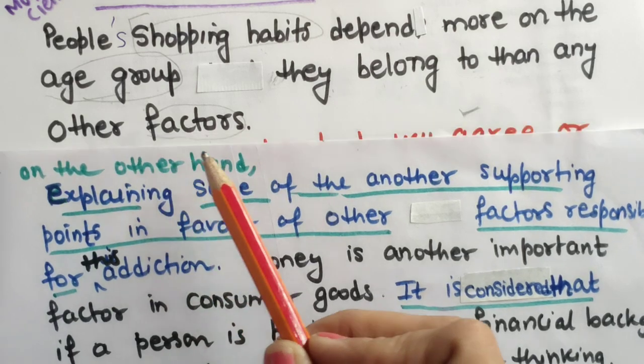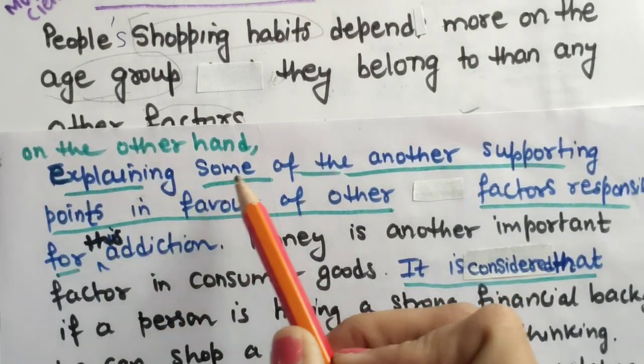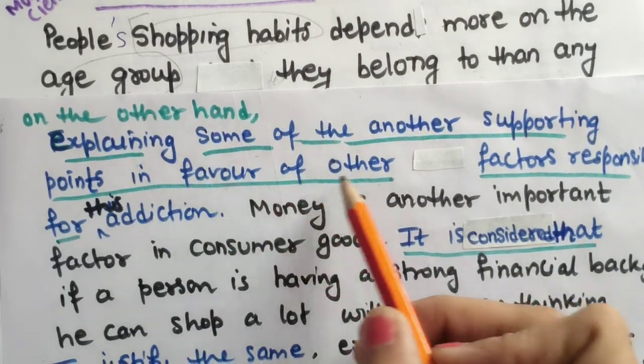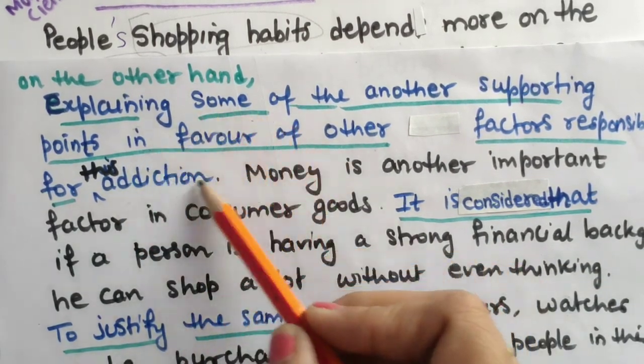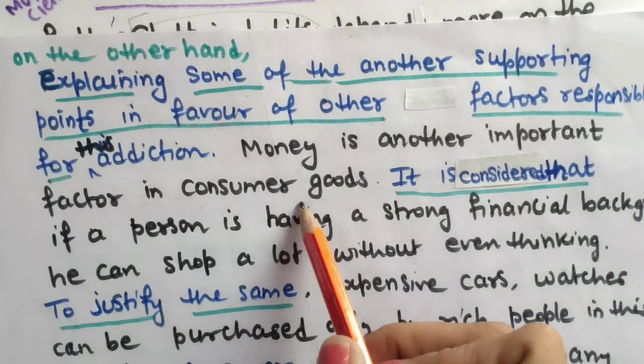On the other hand, explaining some other supporting point in favor of other factors responsible for this addiction. This is the common sentence, you can use it. Money is another important factor in consumer goods.